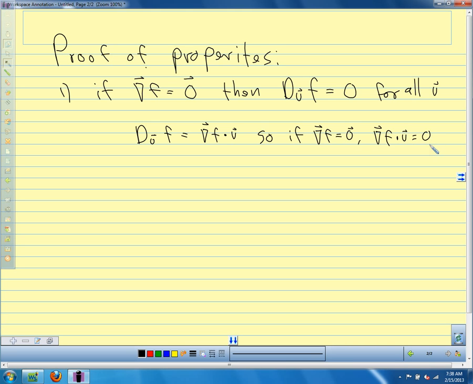So that one's easy. If our gradient is 0, then our directional derivative has to be 0 everywhere.